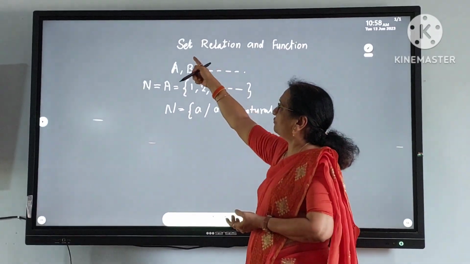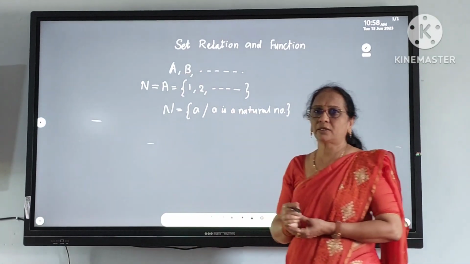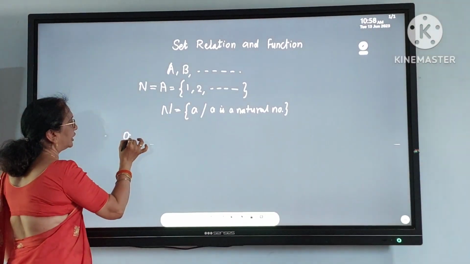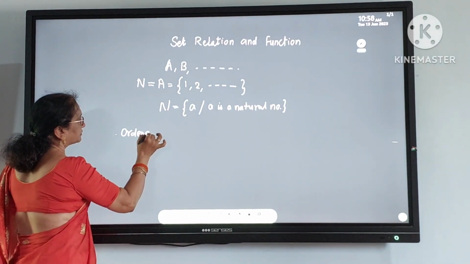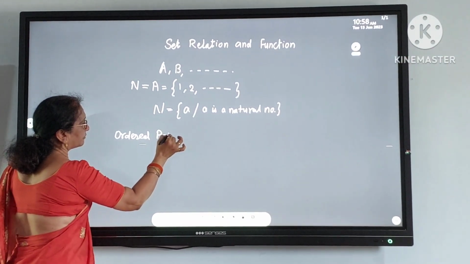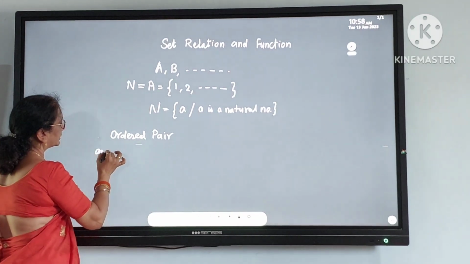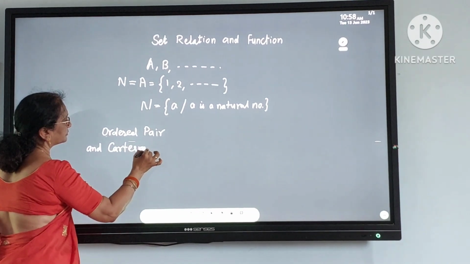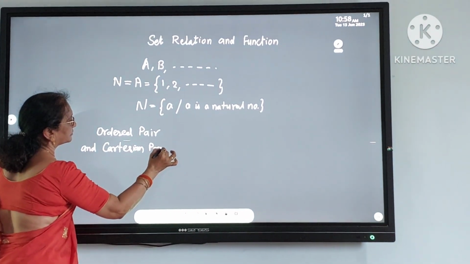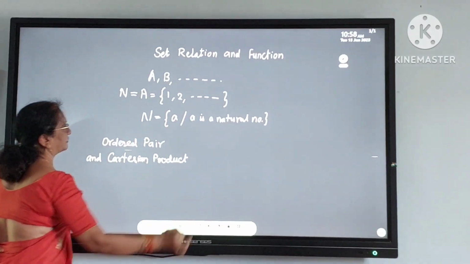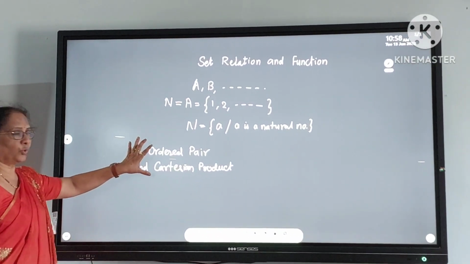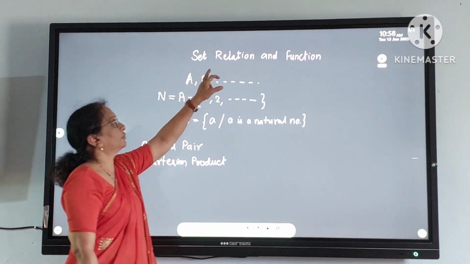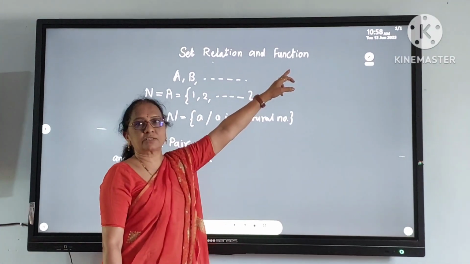To define a relation from sets, it is very necessary to define two words, that is ordered pair and Cartesian product. These are the two main concepts from which we have to discuss relations as well as functions.